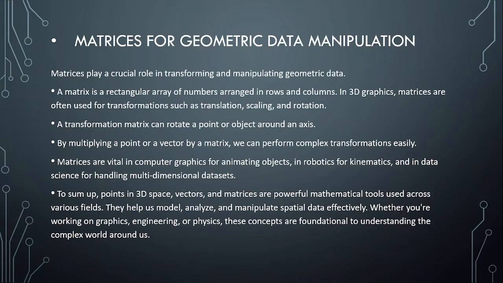Matrices play a crucial role in transforming and manipulating geometric data. A matrix is a rectangular array of numbers arranged in rows and columns. In 3D graphics, matrices are often used for transformations such as translation, scaling, and rotation.